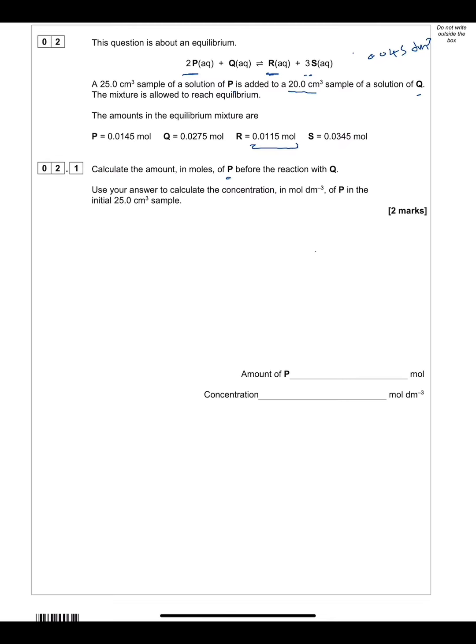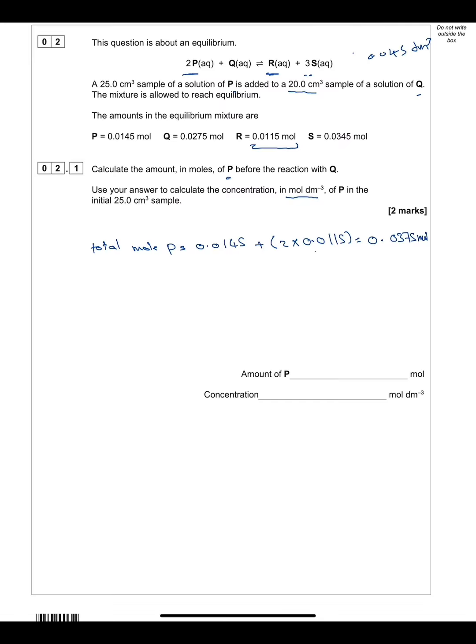So the total moles of P before the reaction will equal the moles of P remaining at equilibrium, which are 0.0145 moles, plus double the moles of R, so 2 times 0.0115 moles, and that total will be 0.0375 moles.